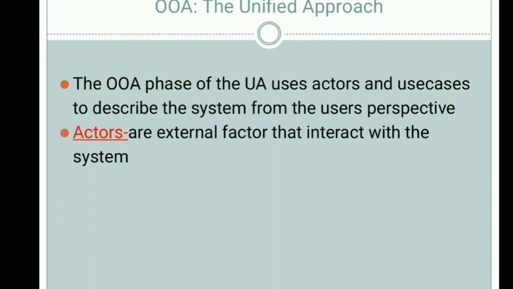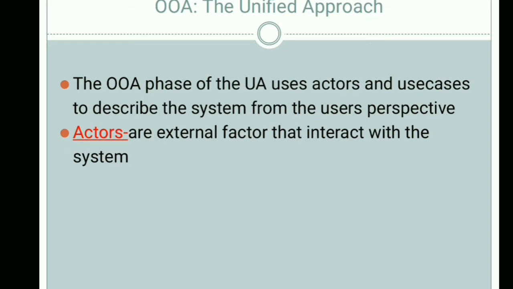Along with that, the UA process, the unified approach process, consists of two important entities, and that is actors and use cases. So what exactly are actors? Actors are entities which are going to interact with the system. These are the external factors that interact with the system. An actor is an external user of the system who is responsible for communication and coordination with the software system.